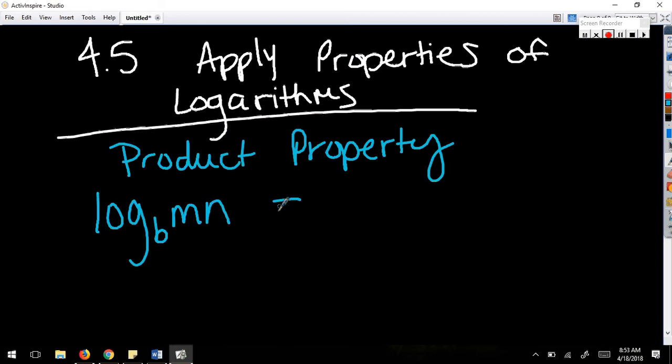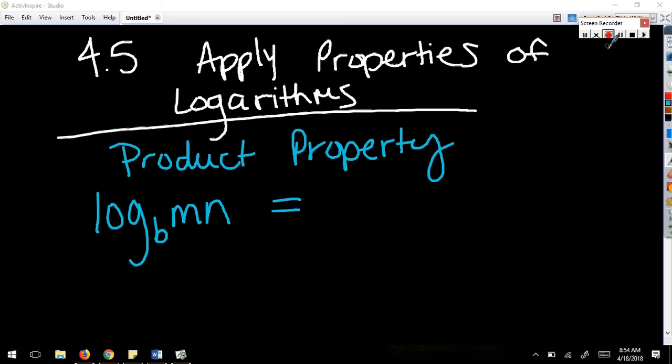All right, product property. When you are multiplying with the same base, the base is B. All right.